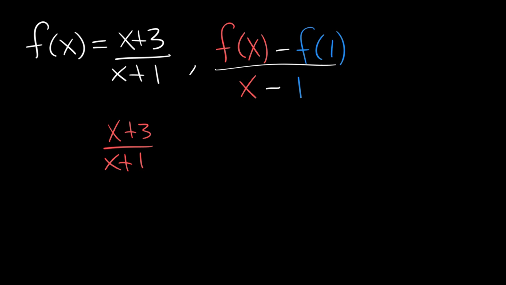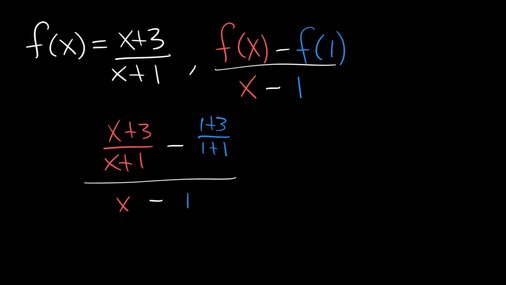That's f of x. And then minus f of 1, which would be 1 plus 3 over 1 plus 1. And then we have over x, so that's just x, minus 1.